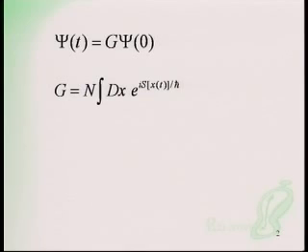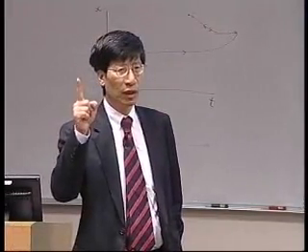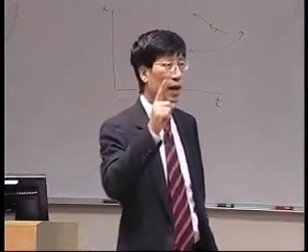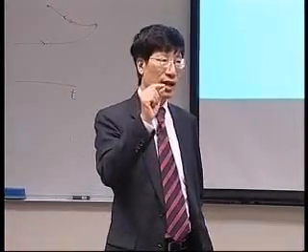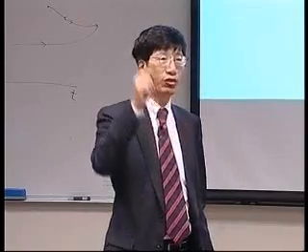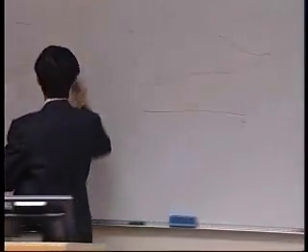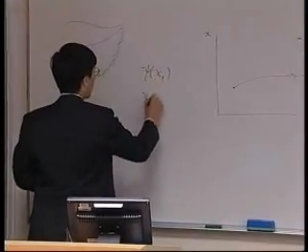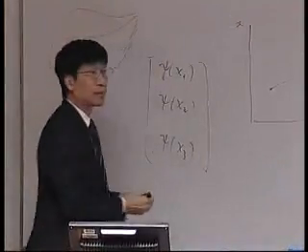Now, just to remind you what we are doing, schematically, the wave function at time t is the Green's function times the wave function at time 0. Now, that is a schematic representation which is motivated by the discrete version. If you think of x as a discrete variable, say assuming values x1, x2, x3, then you can think of psi as a vector, say psi of x1, psi of x2, psi of x3, as a column vector, okay?